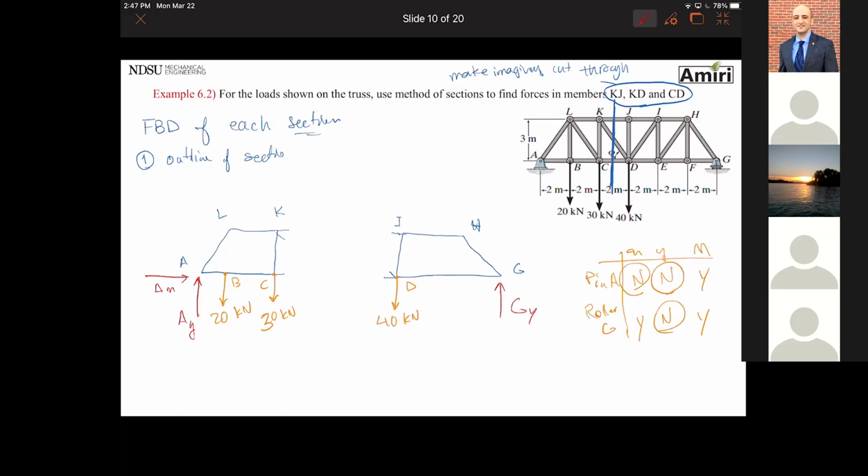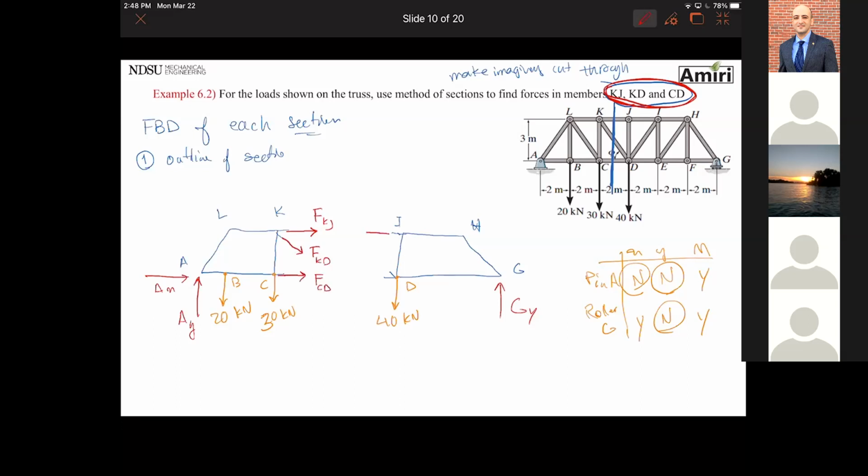Last thing I got to do is what the problem asked me to find, and the cuts that I made. Because I made cuts, I'm going to reveal 3 forces here, KJ, KD, CD, and I draw all of them going in tension.